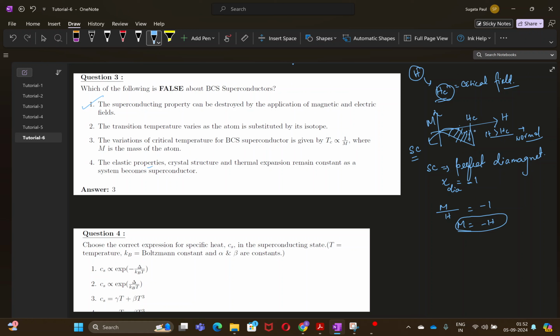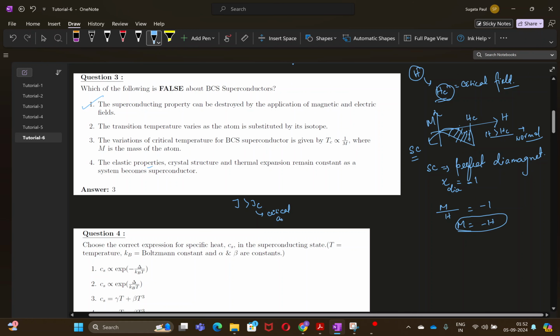So if you reach a certain critical value of the current, let's say your current density is J, then when J is beyond the critical limit, which is Jc, the critical current density, which can be in the system when you apply an electric potential, or in other terms an electric field, then there will be a certain current generated by that.